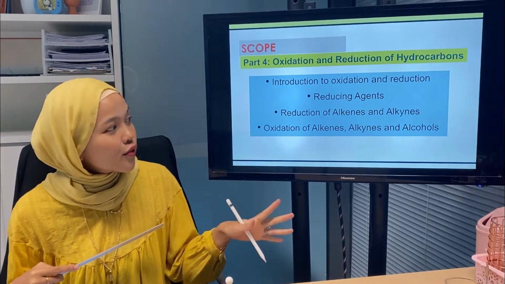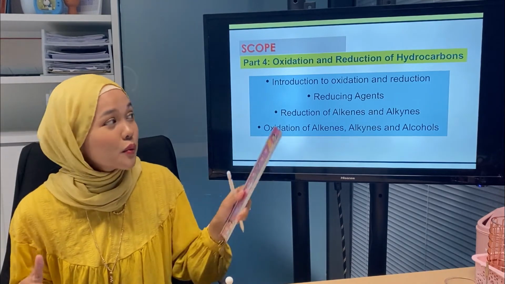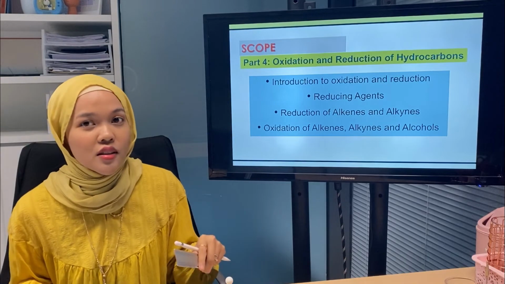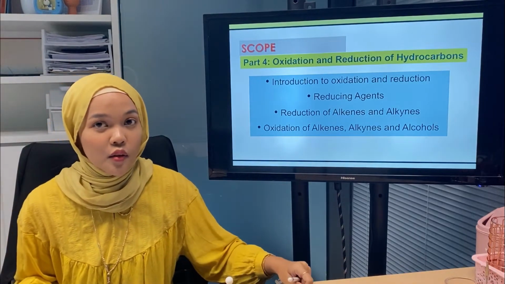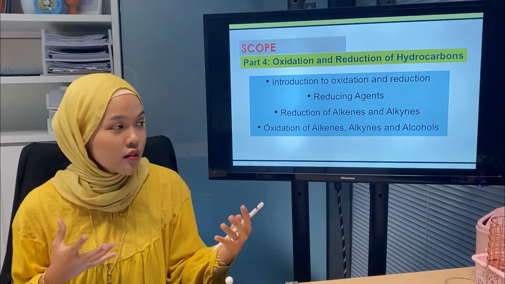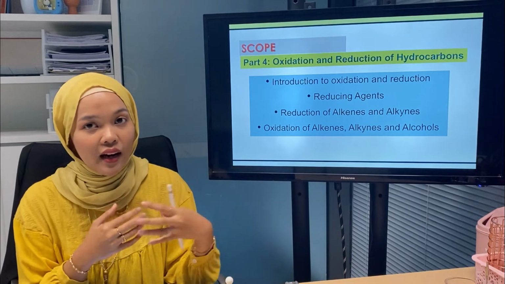But of course, before we move on to the reactions, we need to look at what the oxidation and reduction reactions are. After that, we are going to look into the reduction of alkenes and alkynes.